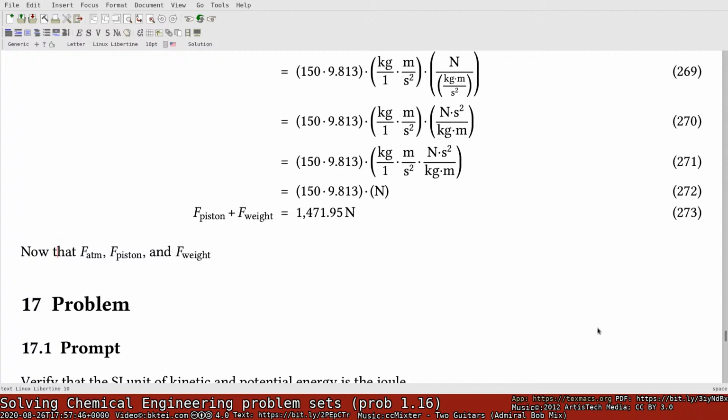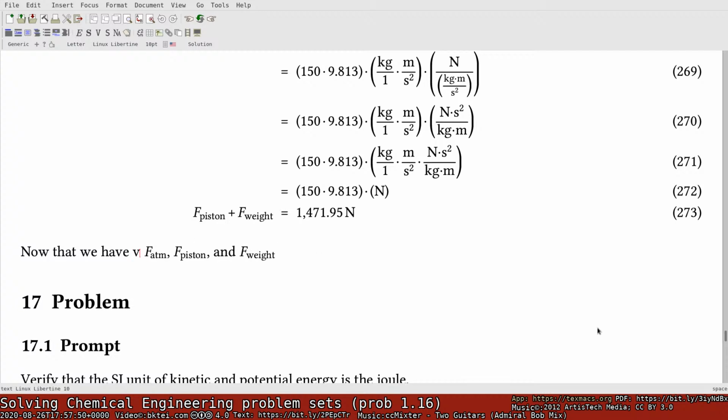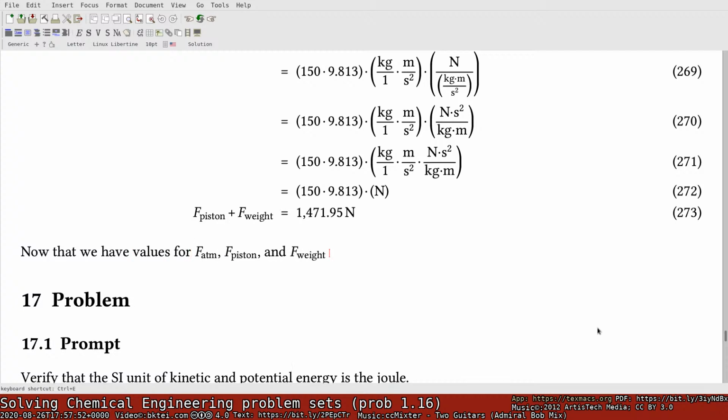Now that we have values for those three variables, F total may be calculated using an equation.